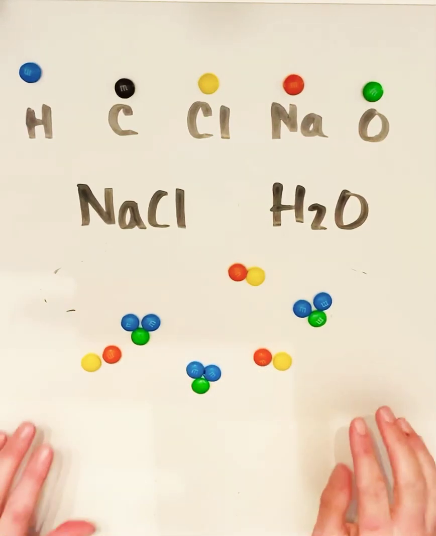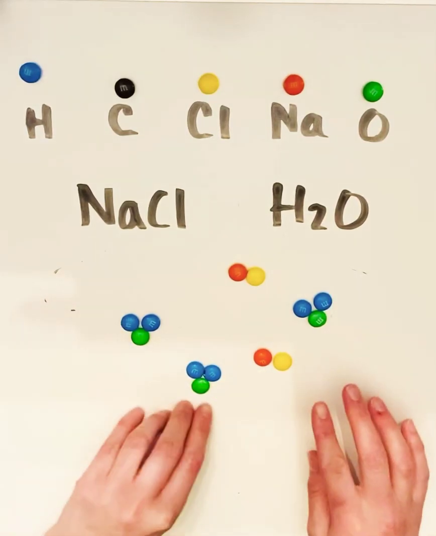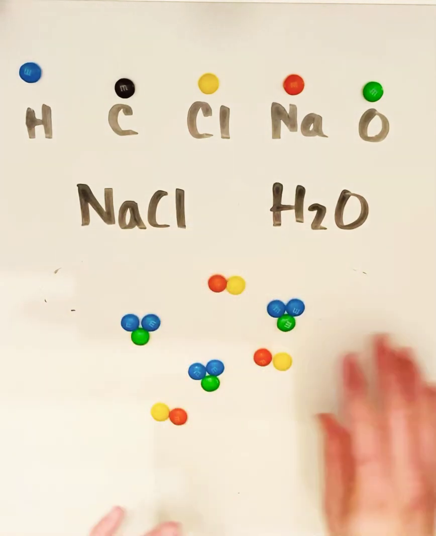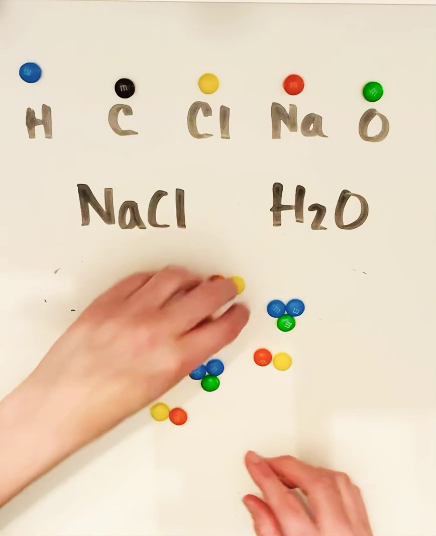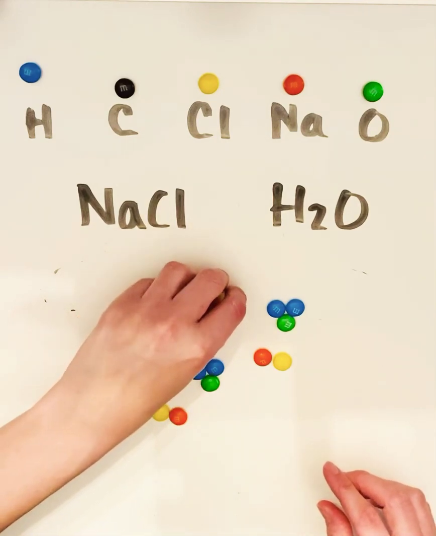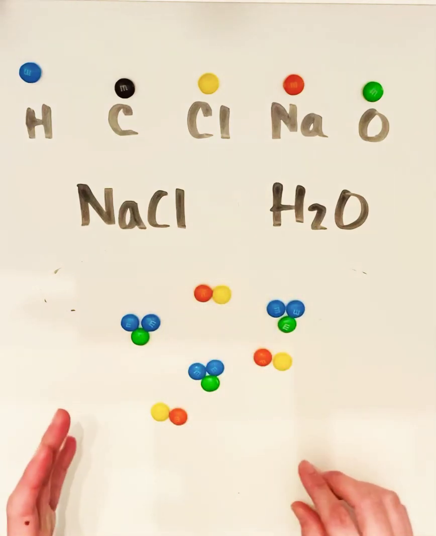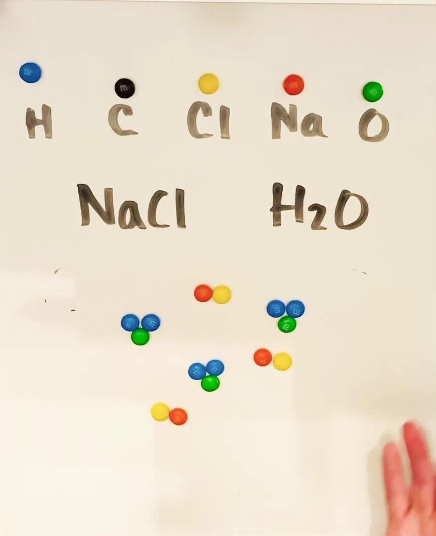So even though I have separate compounds in this mixture, because they're together in one glass, I've now created a mixture. The sodium chloride compounds are not chemically combining with the water compounds, but they're mixed together. So they're dissolved into the water. So I hope that makes sense.